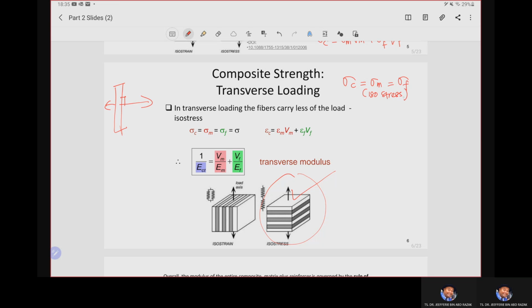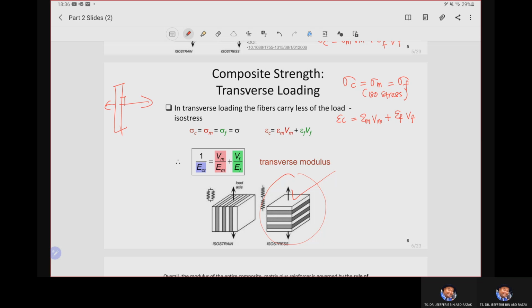For this condition, the strain or deformation of the entire composite, epsilon C, equals the epsilon of the matrix times the matrix volume fraction, plus the epsilon of the fibers times the fiber volume fraction.